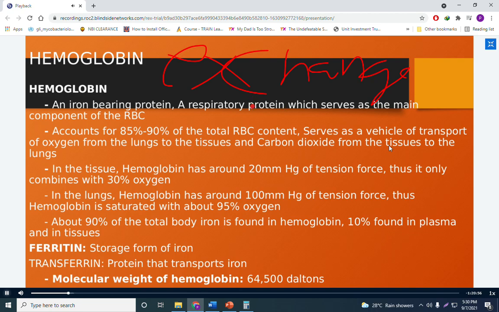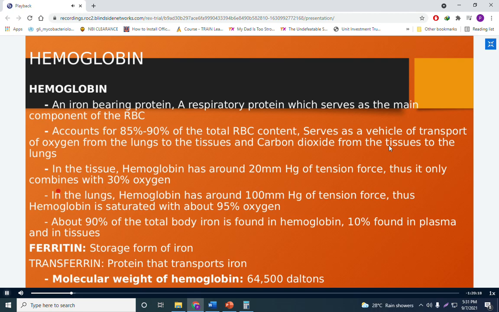Okay, we have this tissue fluid, oxygenated. So it's composed of your capillary, your venous blood, and your arterial blood. So yun ang composition niya.